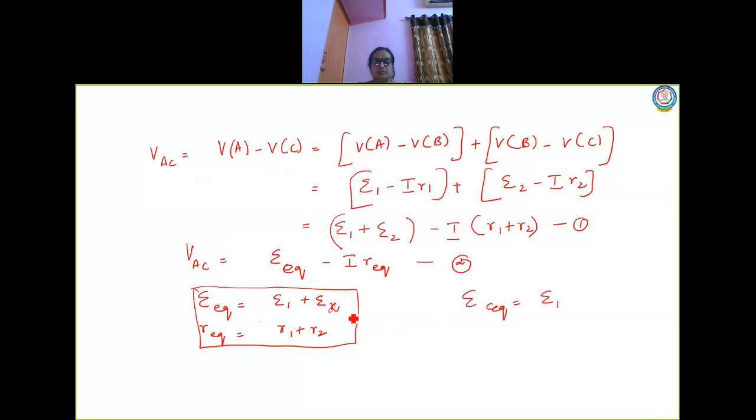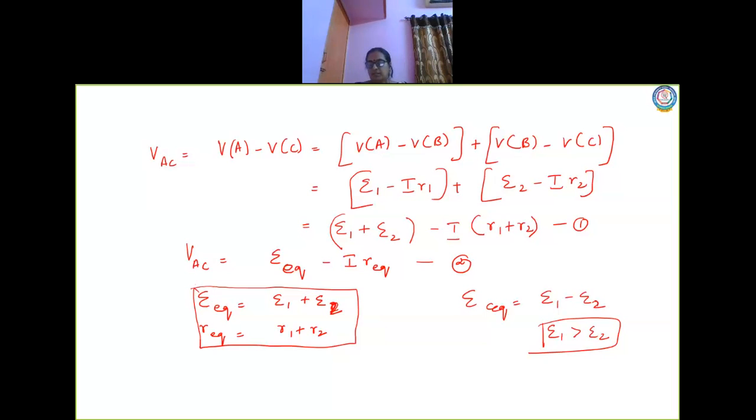Yes, now this should be psi2 instead of psi equivalent equal to psi1 plus psi2. I have psi equivalent is equal to psi1 minus psi2, and here definitely psi1 will be greater than psi2. So this will be the equation, right?